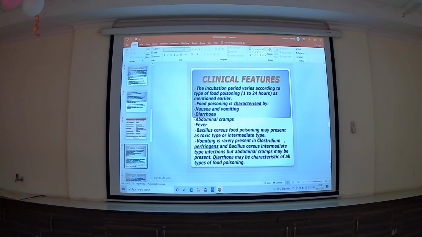Clinically, the incubation period varies from 1 to 24 hours depending on the type of food poisoning, which is characterized by nausea and vomiting, diarrhea, abdominal cramps and fever.